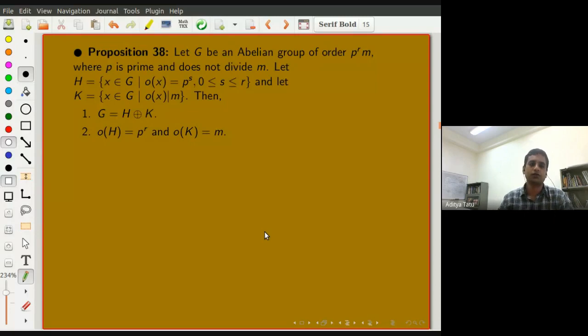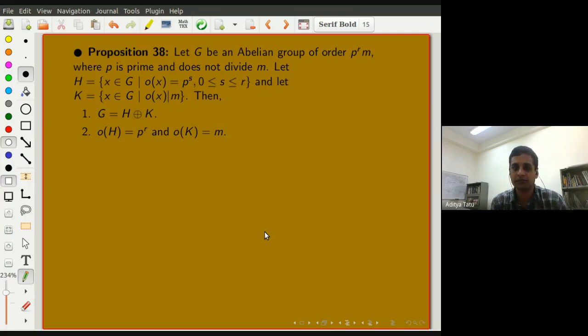Let's now try to use the direct sums and Cartesian products in order to decompose an abelian group into smaller subgroups. This is where we are now focusing on the main theorem. Let G be an abelian group of order p raised to r times m.